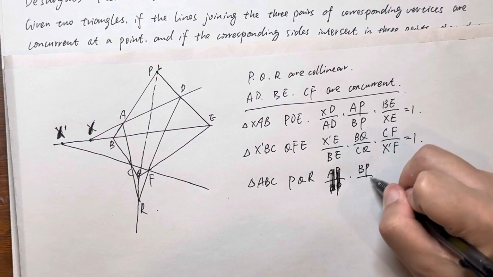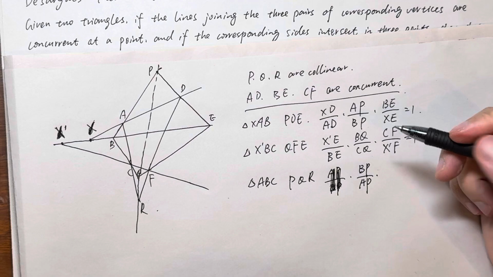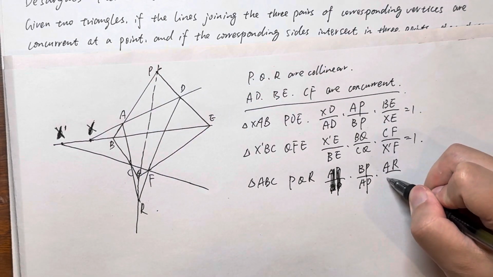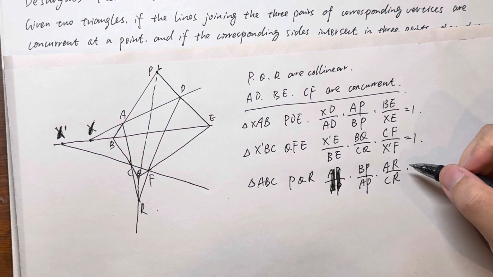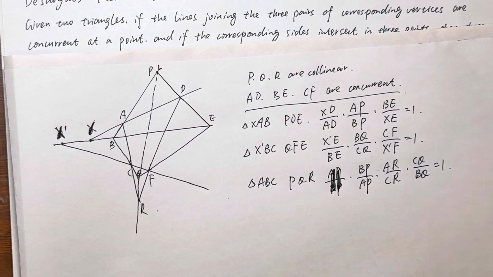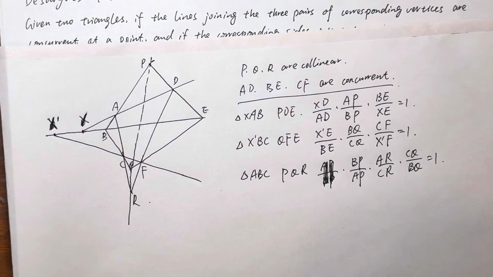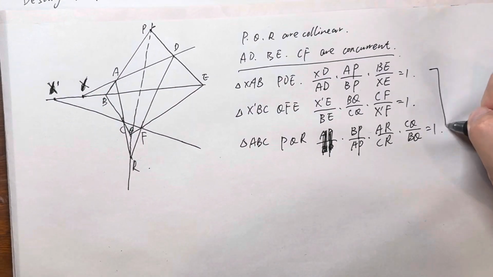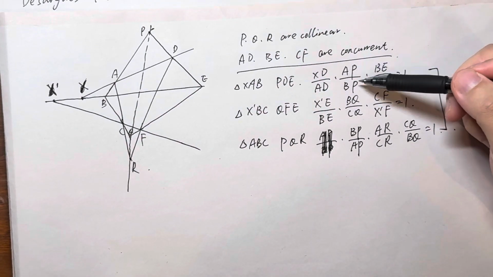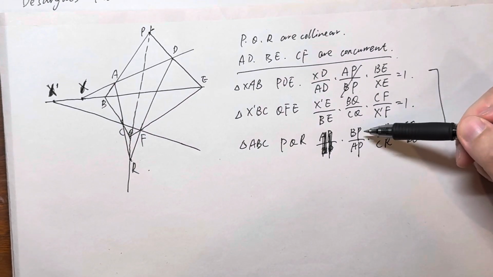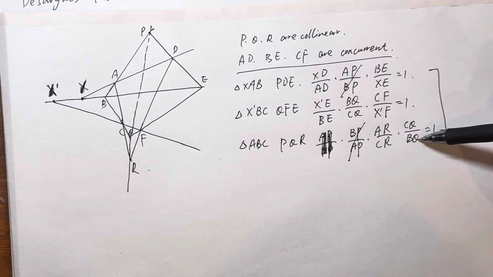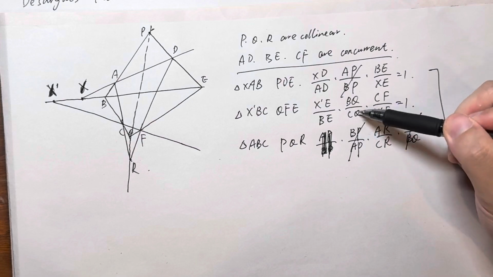So BP to AP times AR to CR times CQ to BQ equals 1. Right? Then we multiply these three. So we have AP to BP cancel with BP to AP, and we have CQ to BQ cancel with BQ to CQ.